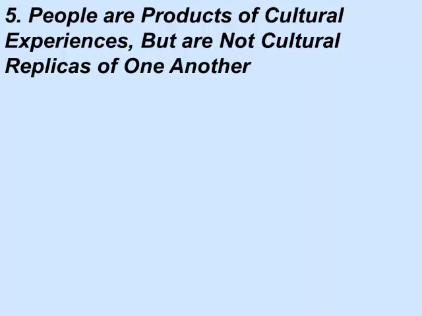Principle number 5. People are products of cultural experiences, but are not cultural replicas of one another. If you travel to a foreign country, people will easily recognize you as an American. Do you agree? It's a true statement for most Americans, if not all. There is something uniquely American about the 300 million people that live here.